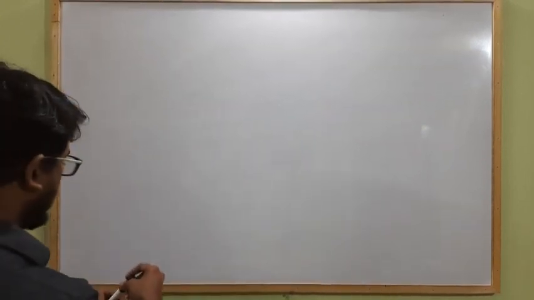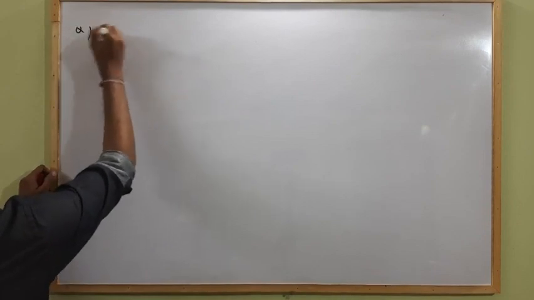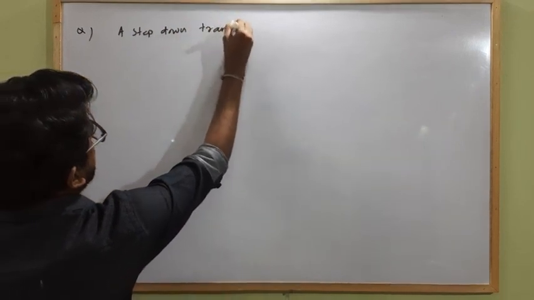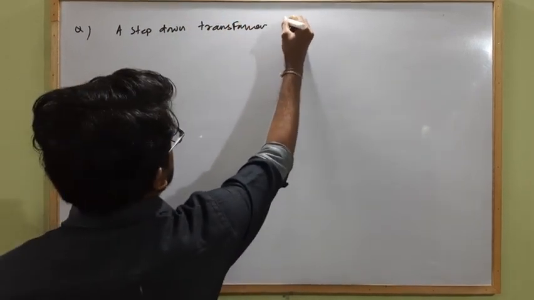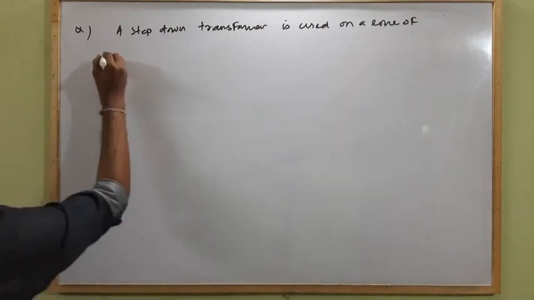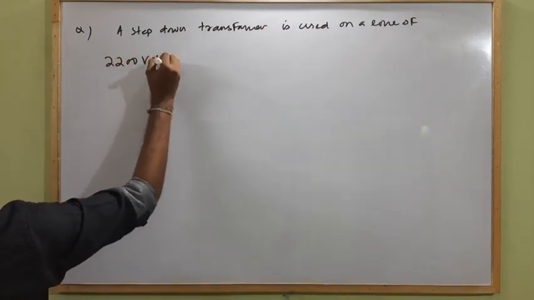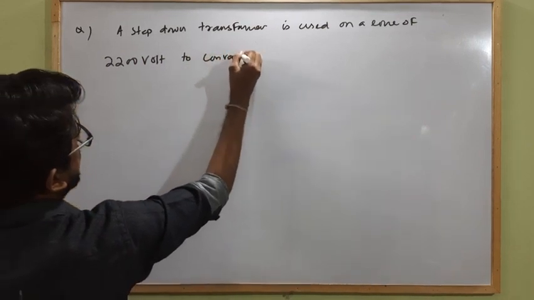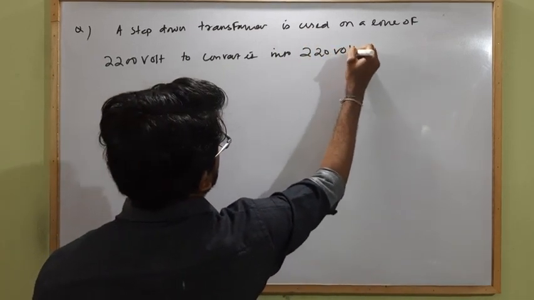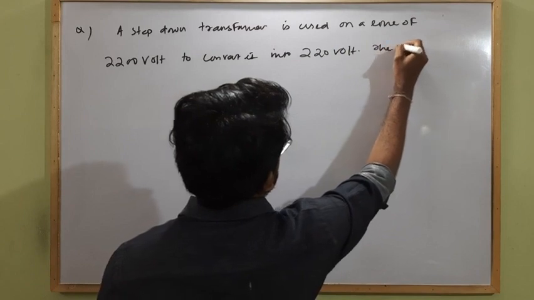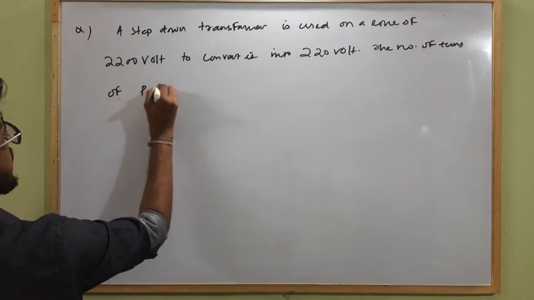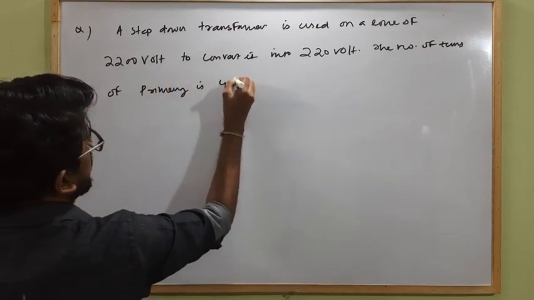So next question is a step down transformer is used on a line of 2200 volt to convert it into 220 volt. The number of turns of primary is 4000.